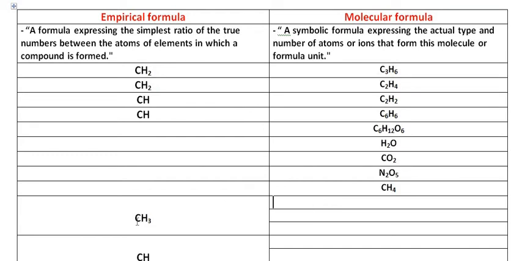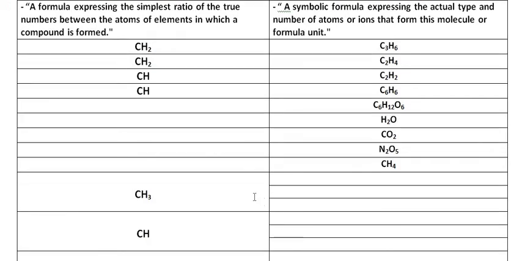If you multiply by 2 you get C2H6. If you multiply by 4, C4H12. If you multiply by 5, C5H15, and so on. So this number that you must multiply must be given.